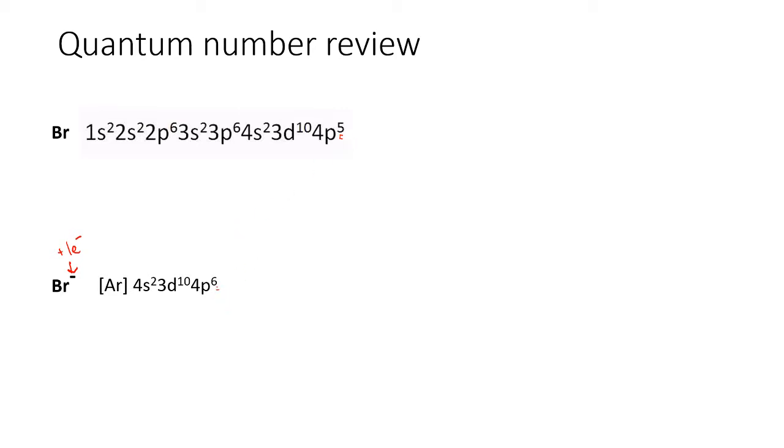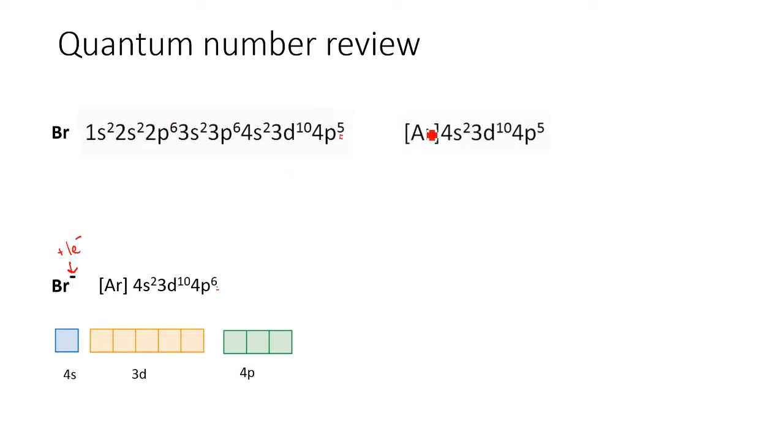So if I wanted to write the orbital box diagram for the bromine negative ion, I could have 4s, 3d, and 4p. This is just the abbreviated one if you wanted to see it. So everything up to 4 is argon.